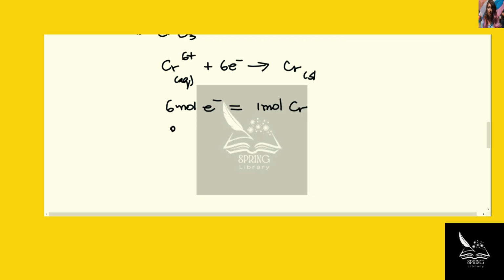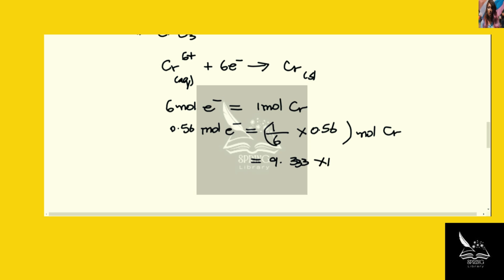Therefore, 0.56 moles of electrons would produce 1 divided by 6 multiplied by 0.56 moles of chromium, which is equal to 9.333 × 10^-2 moles of chromium was produced.